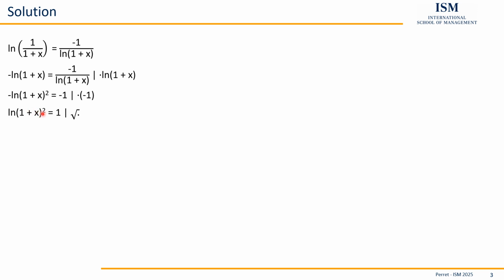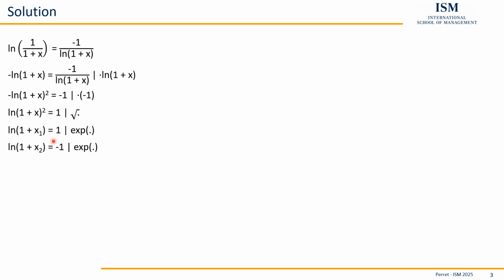So the next step would be to get rid of the square we have here. Well, how to get rid of this? Well, I can take the square root, which would get rid of this. But if I take the square root of 1, I have to consider two cases. The case that the result is 1, or the case that the result is minus 1.